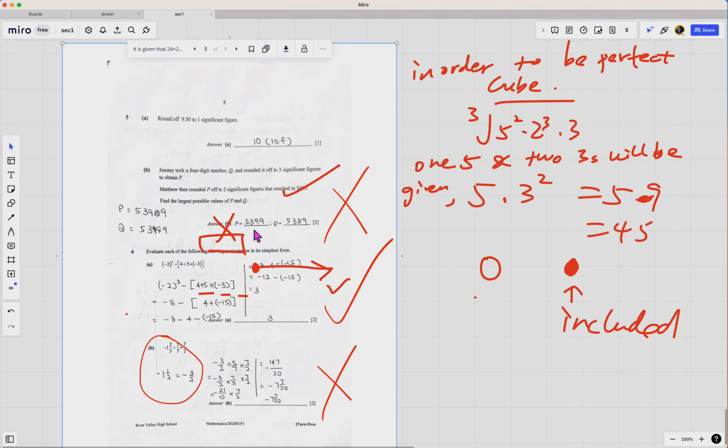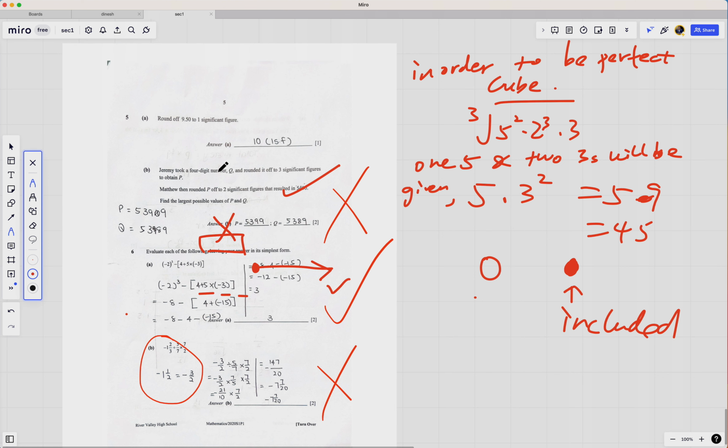Okay. Over here, did you probably mistakenly read this question? It says Jeremy took a 4-digit number Q and rounded it off to 3 significant figures. So Q is 5389, rounded to 3 significant figures to obtain P. Okay.